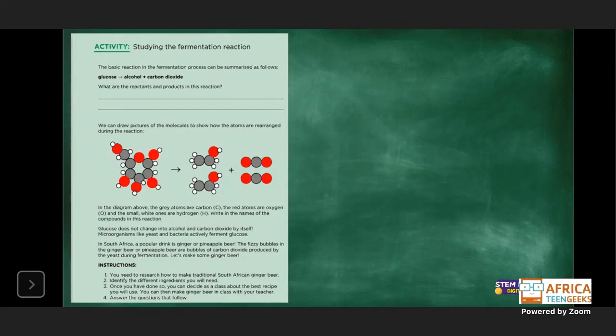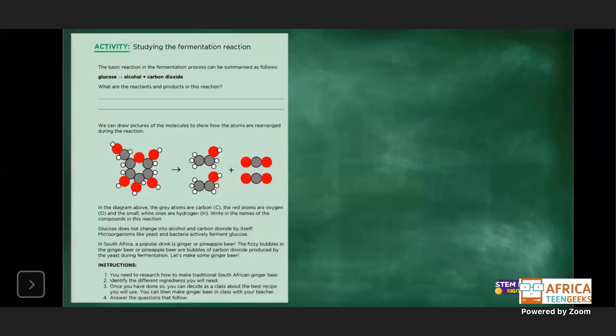In the diagram, the gray atoms are carbon, represented by the letter C, the red atoms are oxygen, represented by the capital letter O, and the small white ones are hydrogen, represented by the capital letter H.